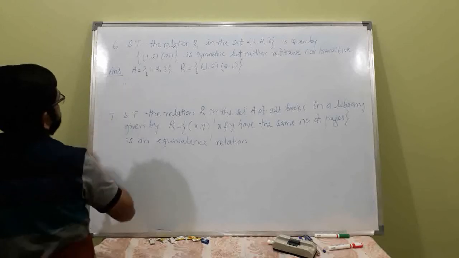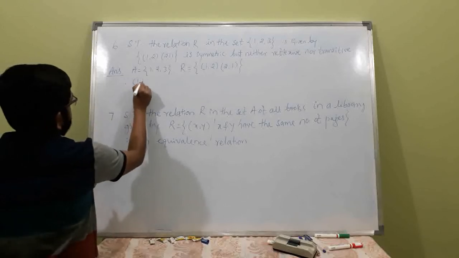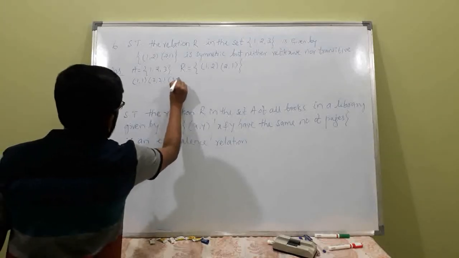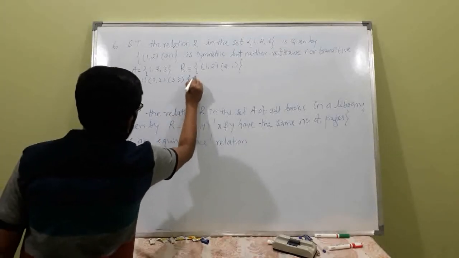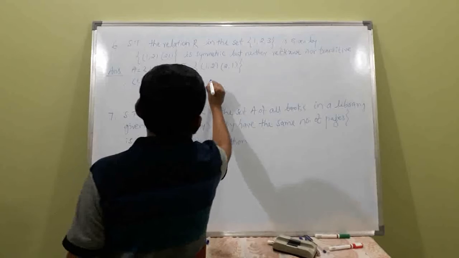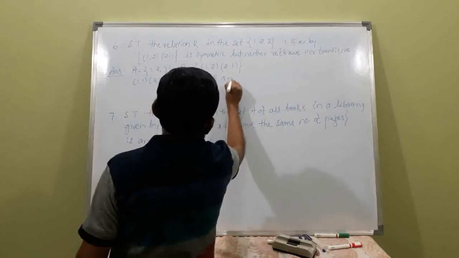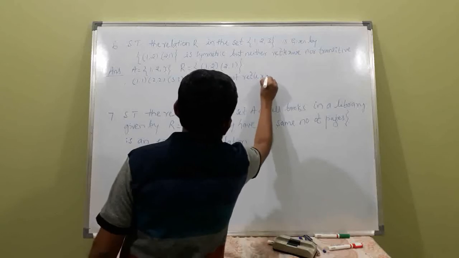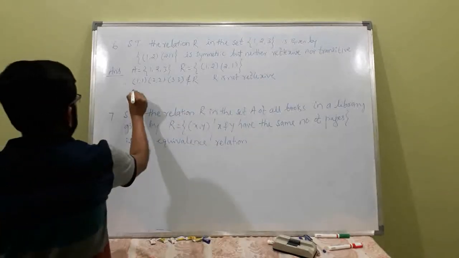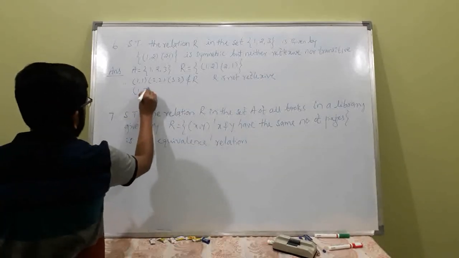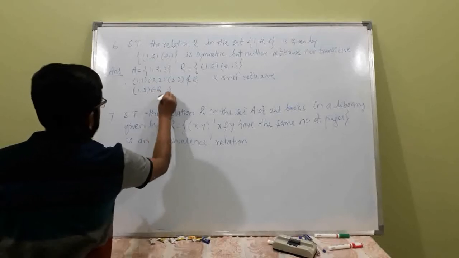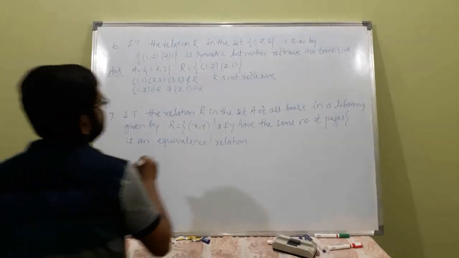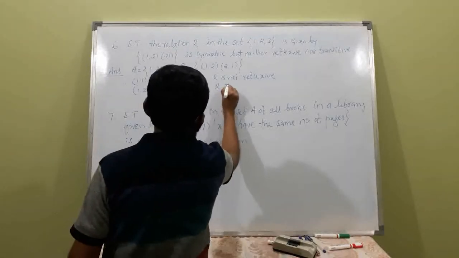Since (1, 1), (2, 2), (3, 3) do not belong to R, R is not reflexive. (1, 2) belongs to R and (2, 1) also belongs to R. So R is symmetric.